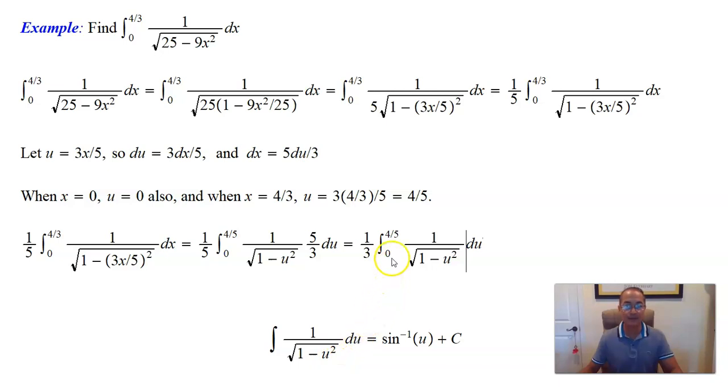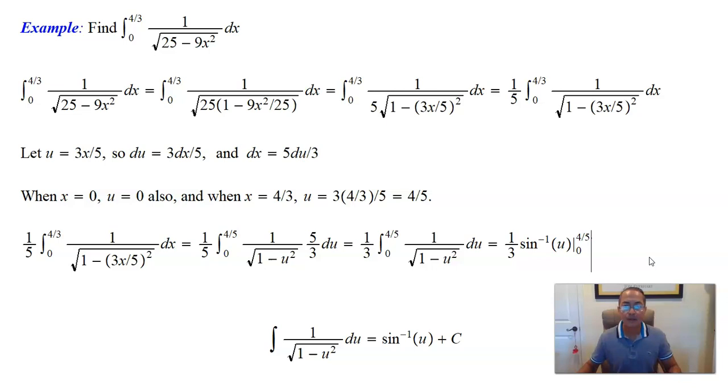So we are now ready to apply this formula. We're integrating from 0 to 4/5 of 1 over radical 1 minus u squared du. So this is now simply, we have the 1/3 here, and we need the inverse sine of u, and we need to evaluate from 0 to 4/5.